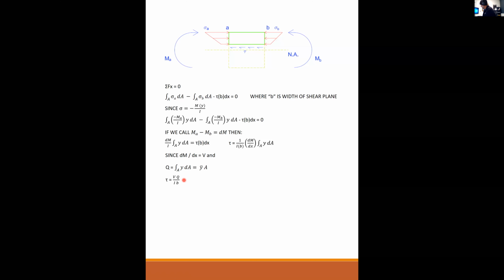And MA minus MB, so that would be minus dM. That would be minus dM is equal to tau.